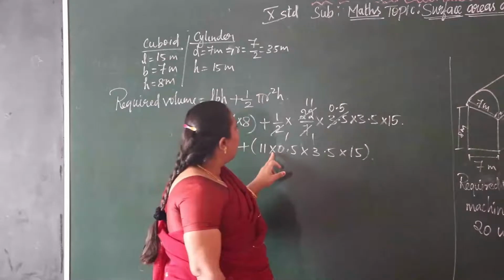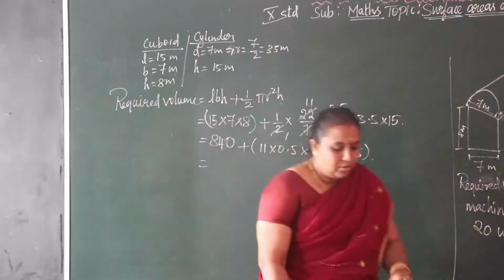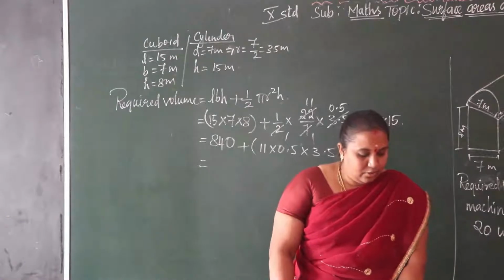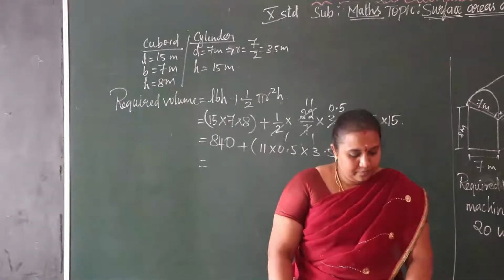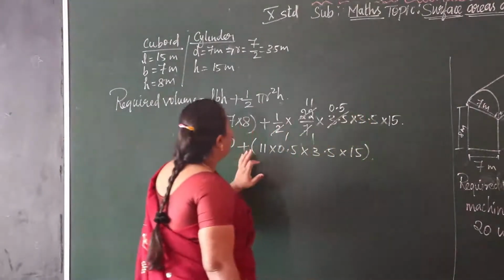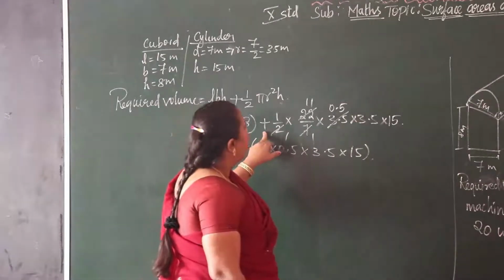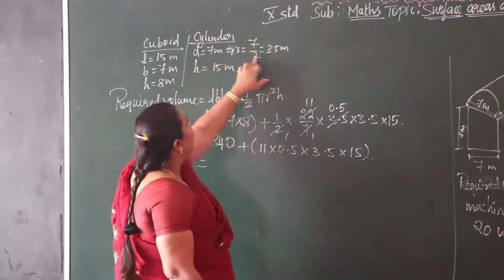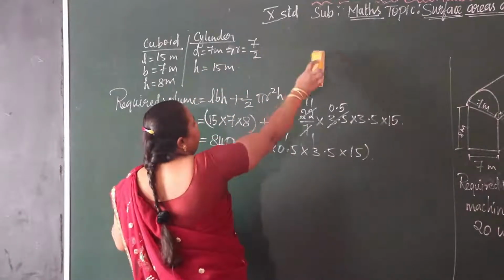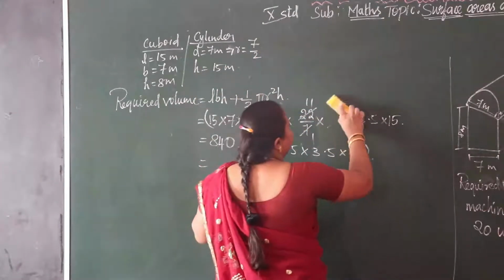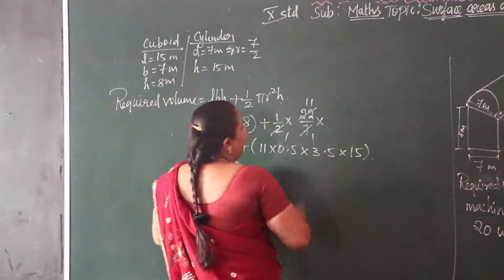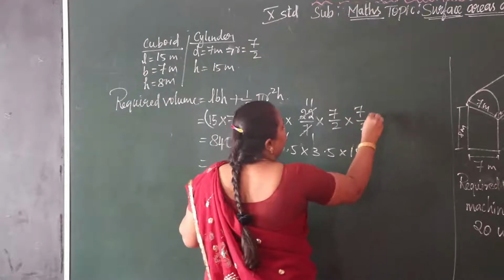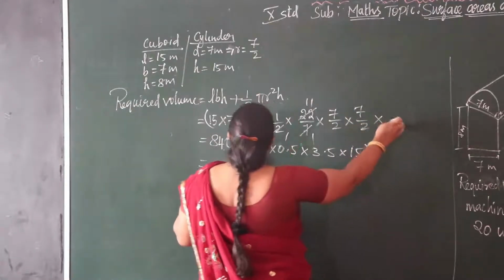Sorry, I have to do it as it is. So here we are having 7 by 2 as it is, so that we can cancel easily. See, here 7 by 2 into 7 by 2 into h.